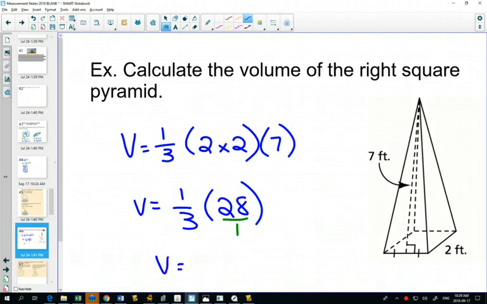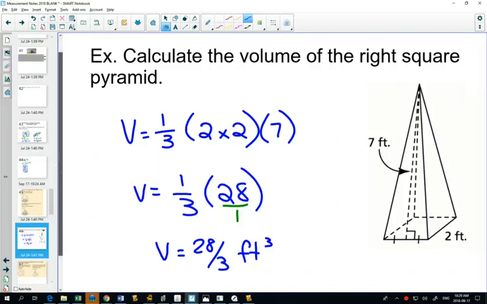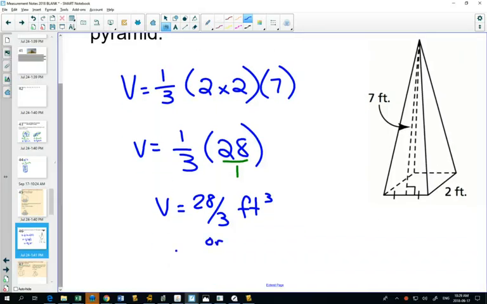So we could leave our answer as an improper fraction, and since we're dealing in feet, we'd have feet cubed. Or we could change this to a mixed fraction, 9 1/3 feet cubed. So, is it given us the slant height or the actual?